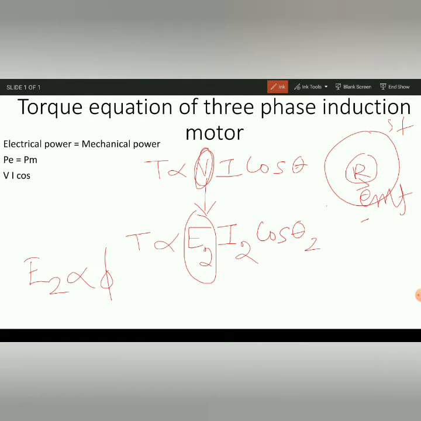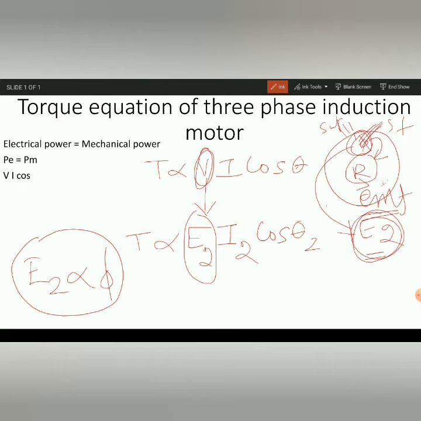This EMF we call E2. How is this EMF induced? Because here we give the supply and this supply produces the flux and this flux induces the EMF. Since this is the flux which is producing E2, this is the reason that E2 is induced. So this phi and this E2, we can easily say both are proportional.